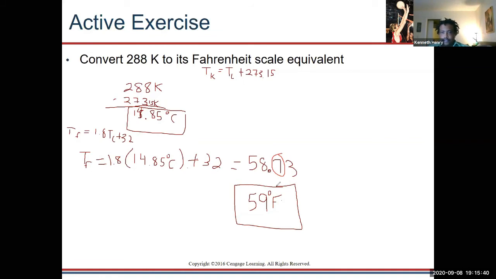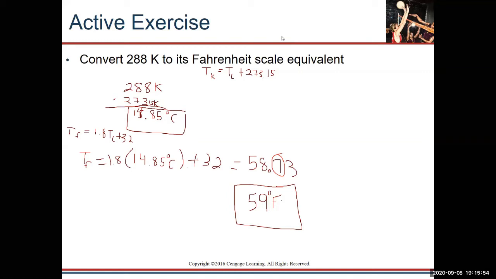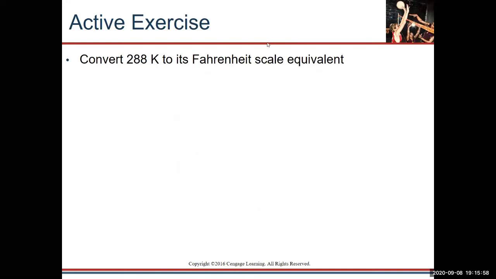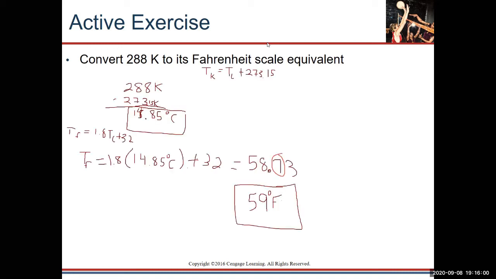Piece of cake? Good, bad, or ugly? A little bit of both. Okay, so let's go ahead and clear. We put 58.73 and just leave it like that.